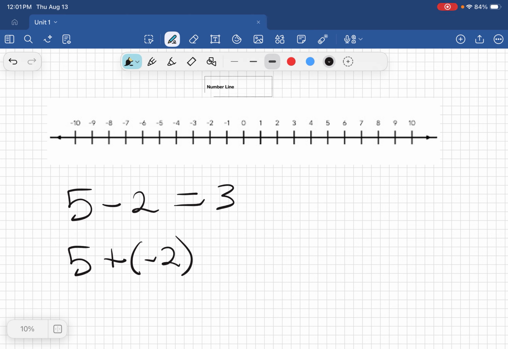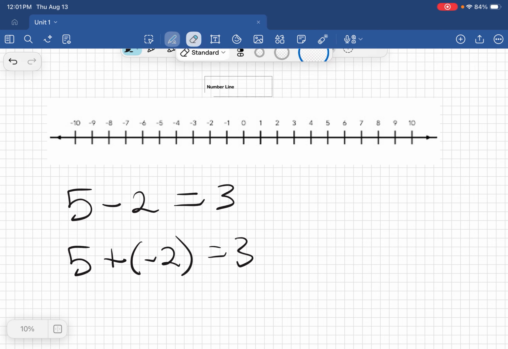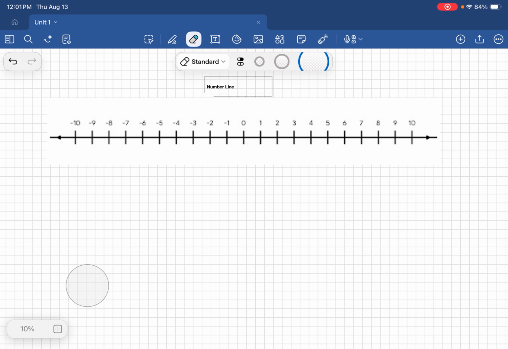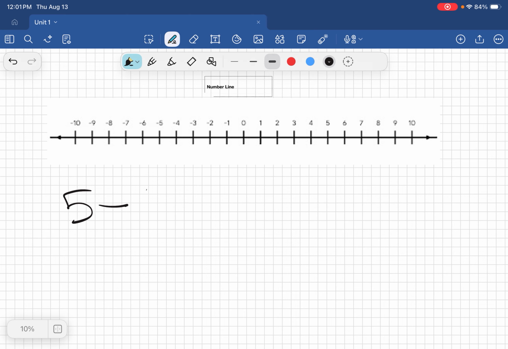Now let's look at 5 minus a negative 2. The opposite of negative 2 is positive 2.